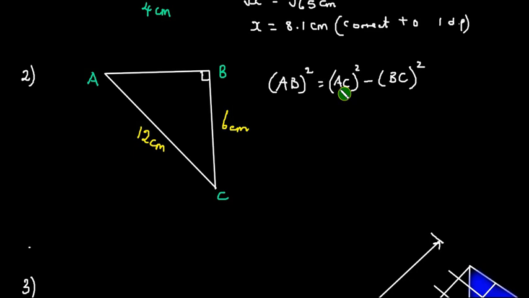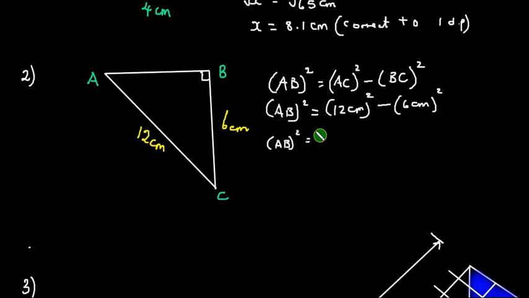It's one common language, the mathematical language that you need to understand, if you're telling the examiner this is what you're using. So let's continue. AB squared is equal to, now AC is 12 cm, so we simply write 12 cm squared minus BC, which is 6 cm, so we write 6 cm squared.